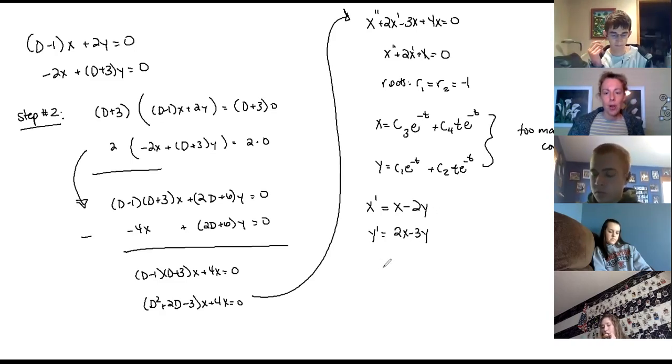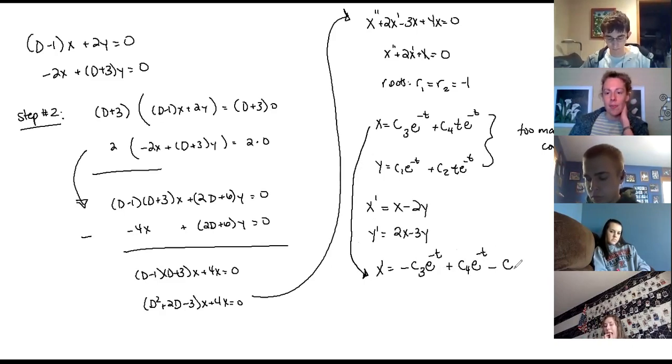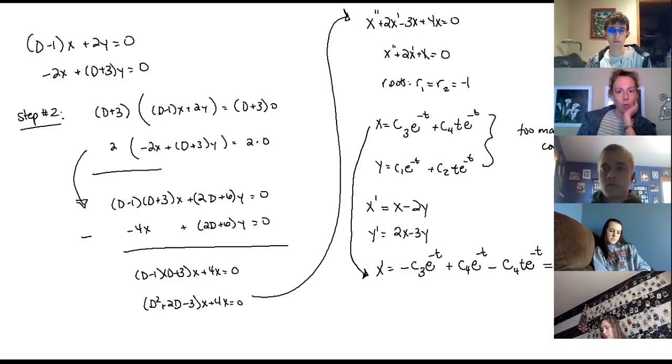From the solution I came up with, I know that x prime is negative 3c3 e to the negative t plus c4 e to the negative t minus c4t e to the negative t. Just taking a derivative from my solution. And I know that this has to be equal to x minus 2y from my first equation.